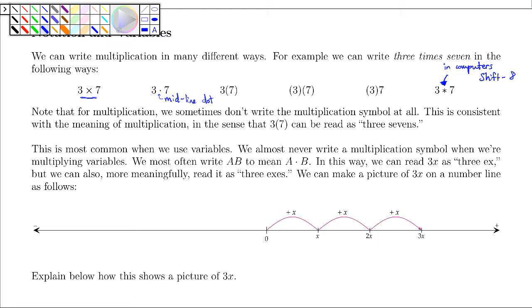All right. So when we write multiplication using variables, we pretty much never write any symbol. We just use writing symbols right next to each other.